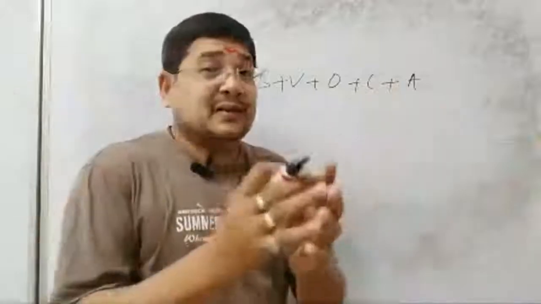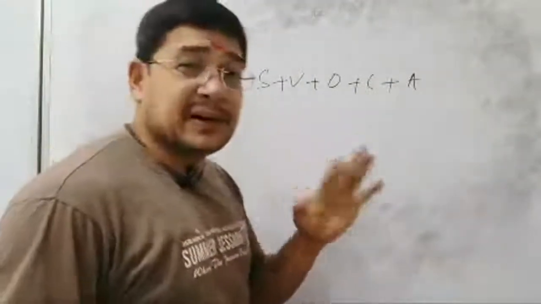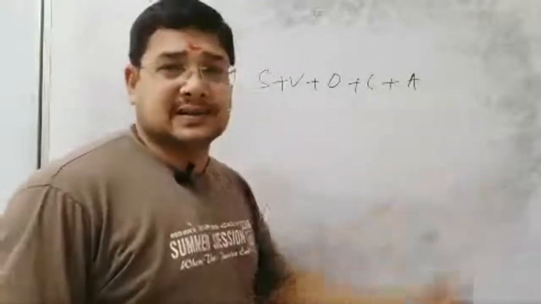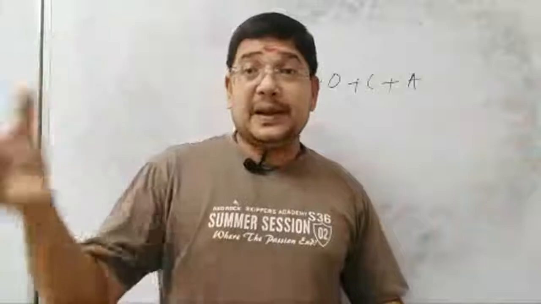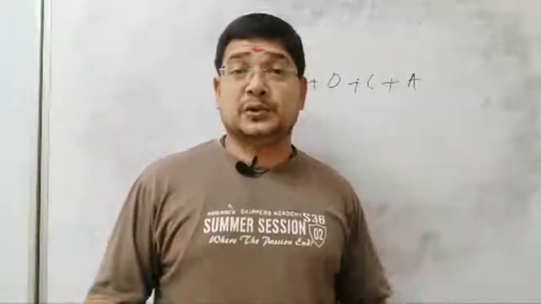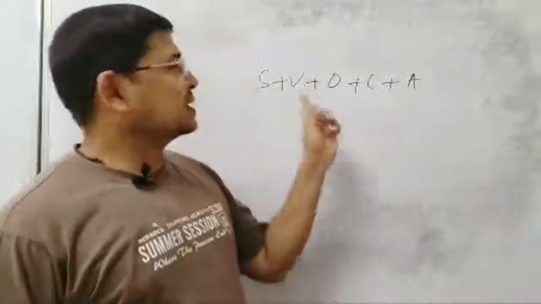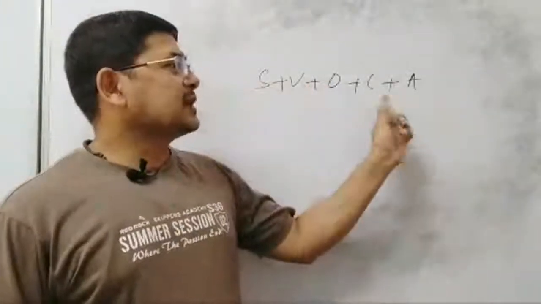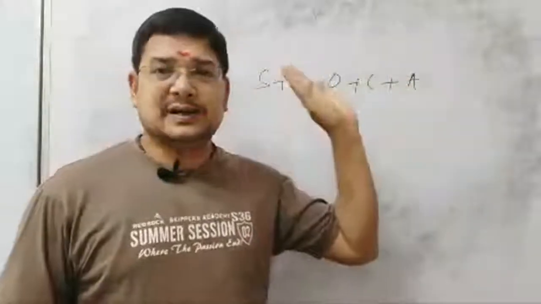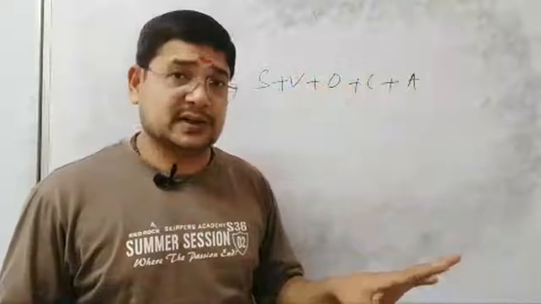These are the 5 elements. Remember, if anybody asks you what are the maximum elements used in a sentence, you can say this: subject plus verb plus object plus complement plus adjunct. These are the maximum elements in a sentence.